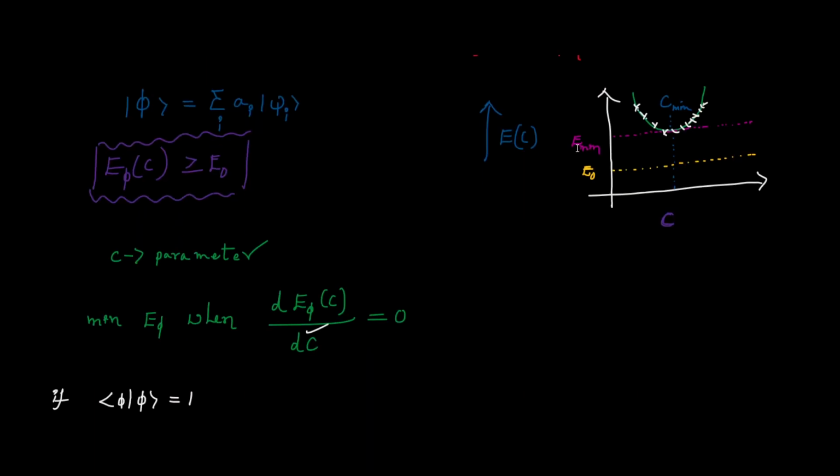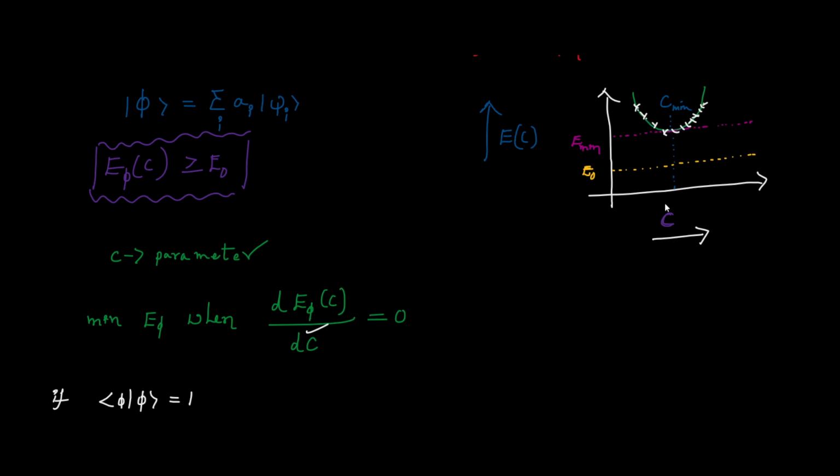Suppose you draw a graph of the system. Here C is the adjustable parameter of the system. Energy depends upon this adjustable parameter. Suppose the graph is like this. These are the different approximate values.